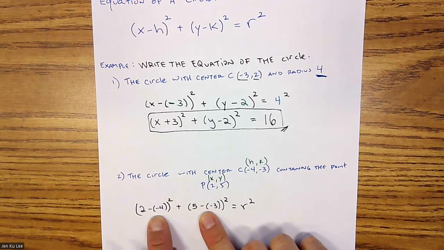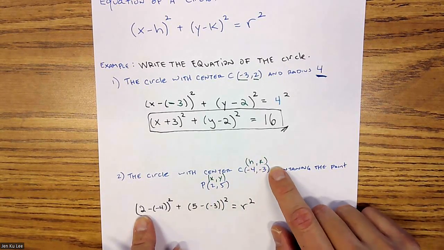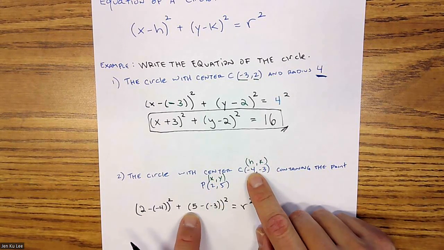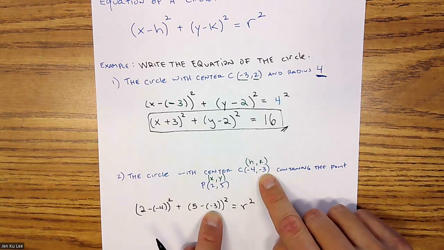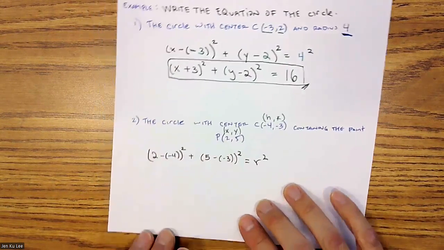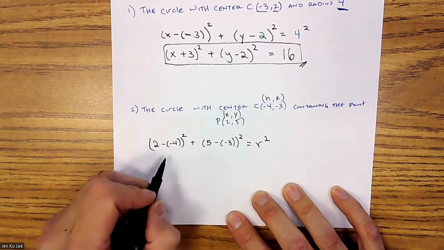Questions on my numbers here? I just plugged in x, y, h, k, right? x minus h plus y minus k equals r squared. And just simplify this.